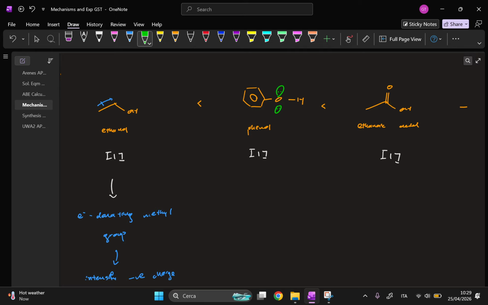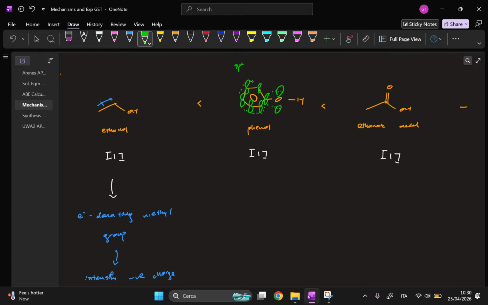Now, what is the hybridization state of each of these 6 carbons in the benzene ring? All of them are actually sp2 hybridized. As we learned from chem bonding last year, an sp2 hybridized carbon has 1 unhybridized p orbital. So all the orbitals that I have drawn here in green are all unhybridized p orbitals. So you will get delocalization.